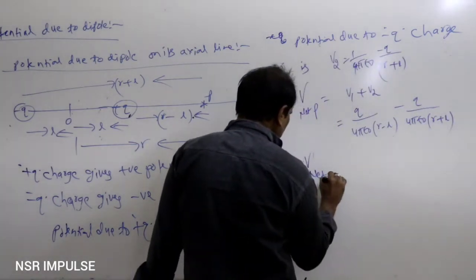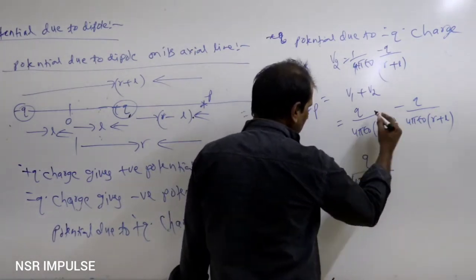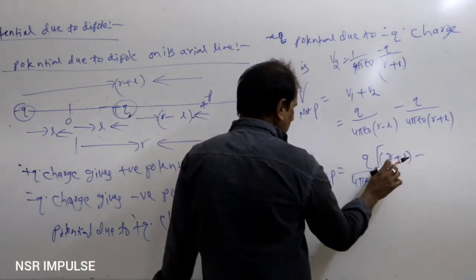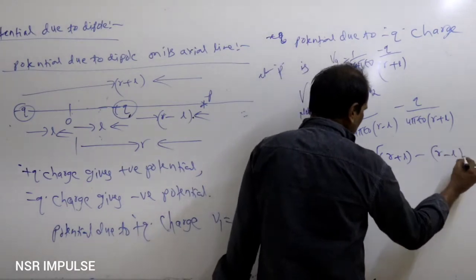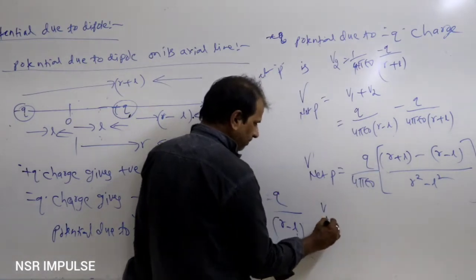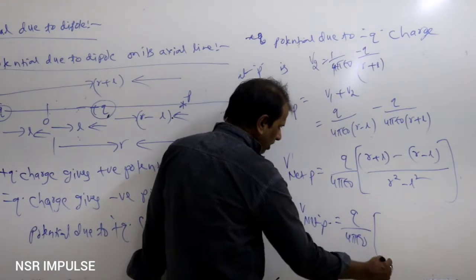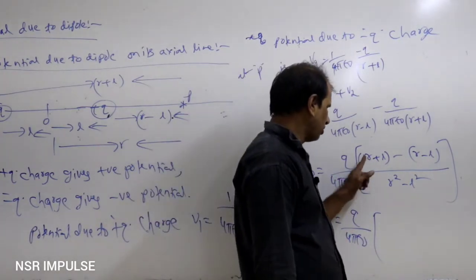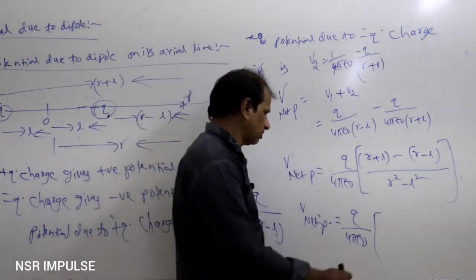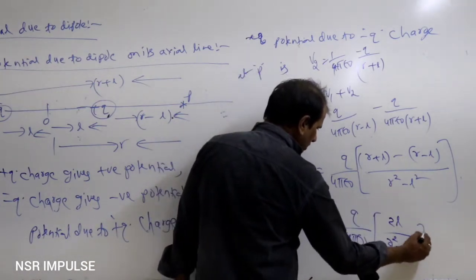So the net potential at point P is equal to q by 4 pi epsilon naught. If I take this common, then this becomes r plus L minus r minus L by r square minus L square. This becomes how much? 2L by r square minus L square.